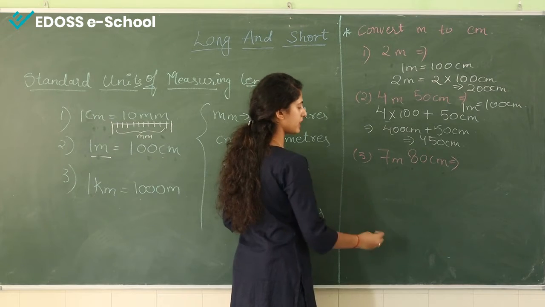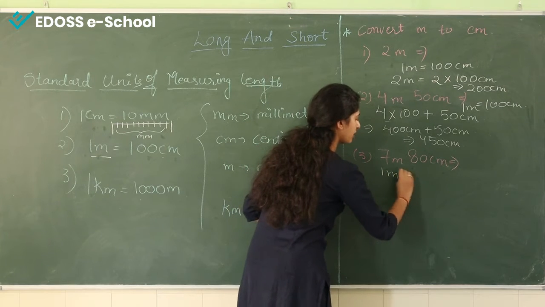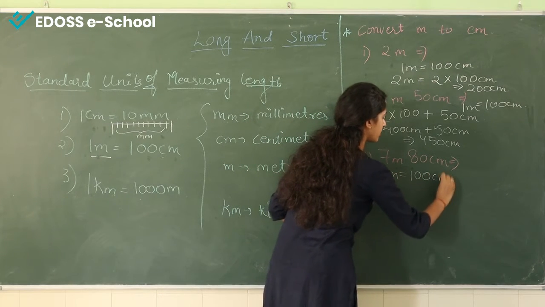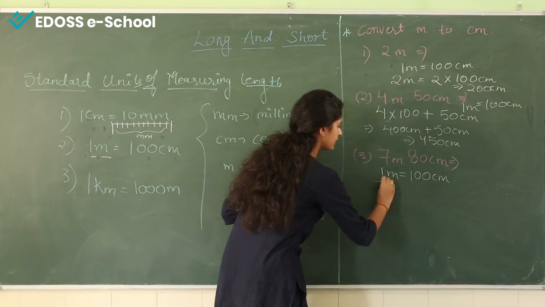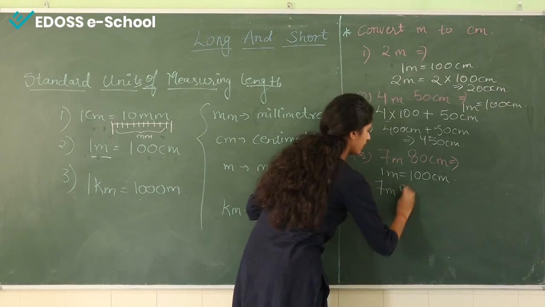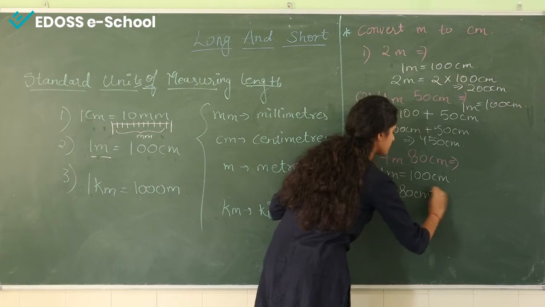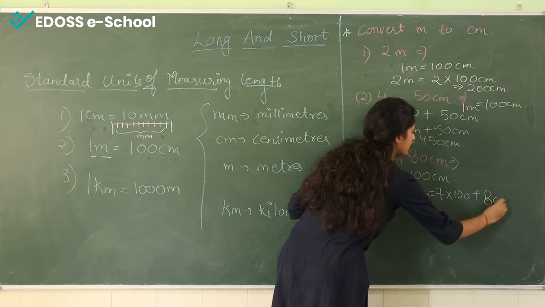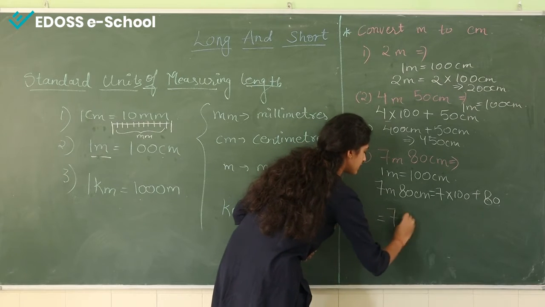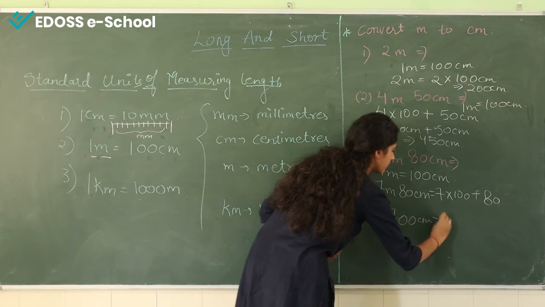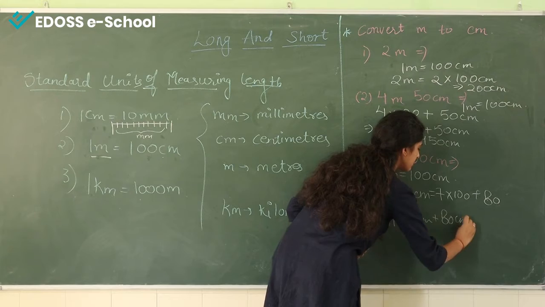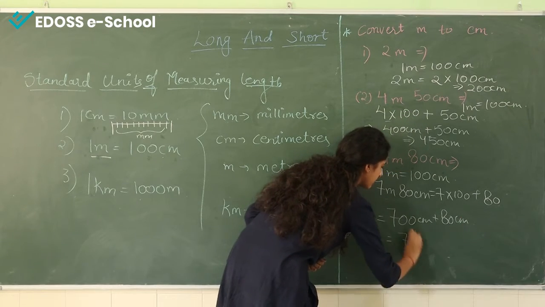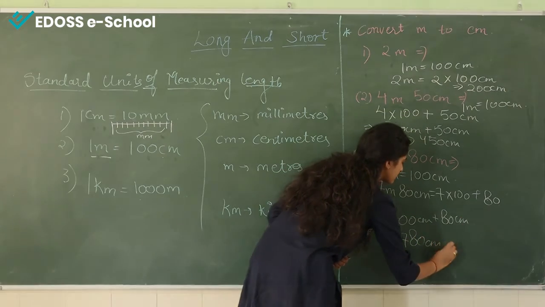So I have to convert in centimeters. 7 meters, 80 centimeters is equal to 7 into 100 plus 80 is equal to 700 centimeters plus 80 centimeters is equal to 780 centimeters.